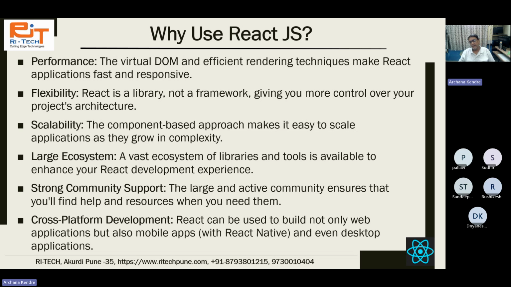Cross-platform development. So React can be used to build not only web applications, but also mobile apps using React Native, and even desktop apps using the Electron framework or Electron library. React was initially developed for web applications, but with React Native you can use React to develop mobile applications.